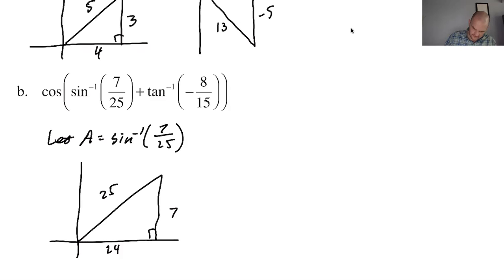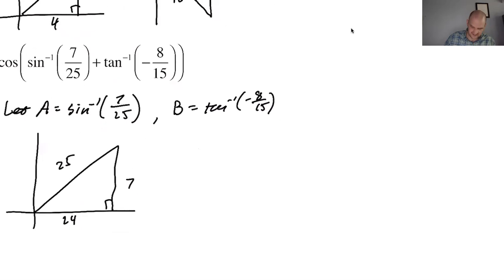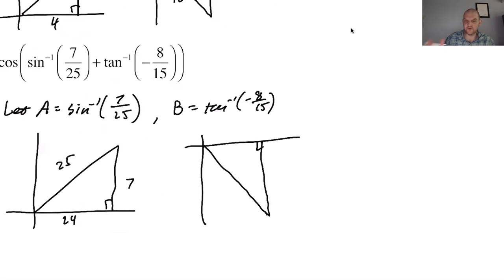And then we'll let B be the tan inverse of negative 8/15. So it's arctan and it's negative. It's got to be quadrant 4. Really, unless it's inverse cosine, you're pretty much always working in 1 and 4. But we know that, right? Because we did all that stuff. So negative 8, 15, and 17.